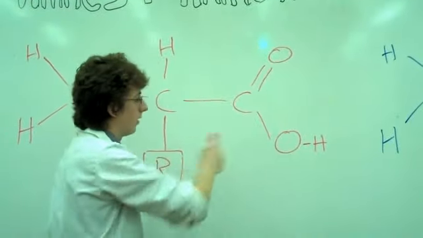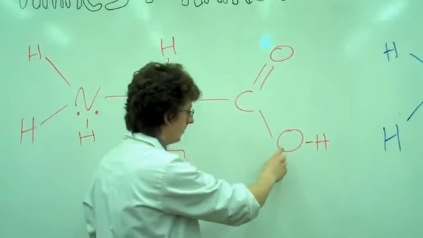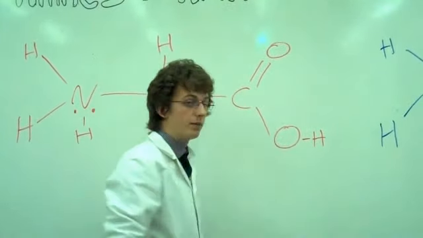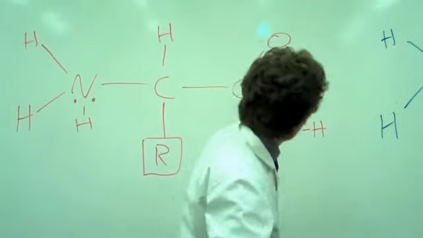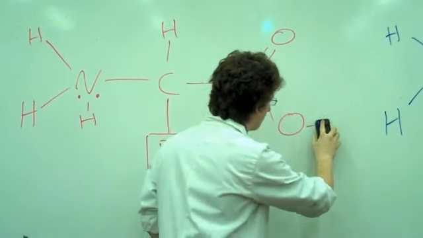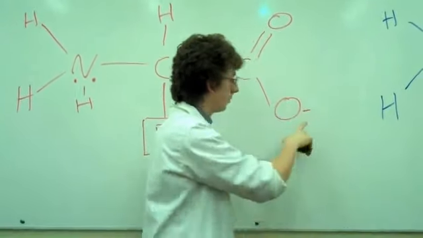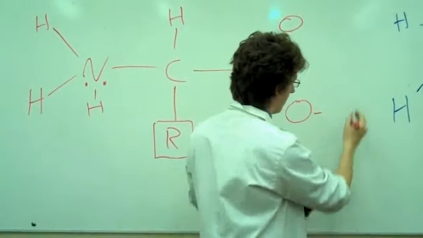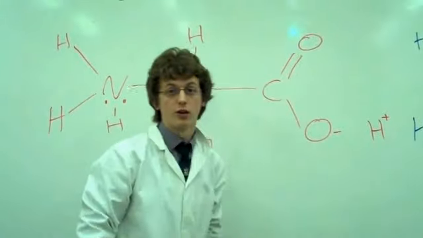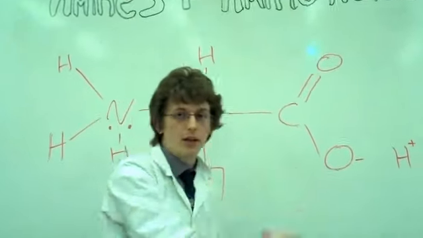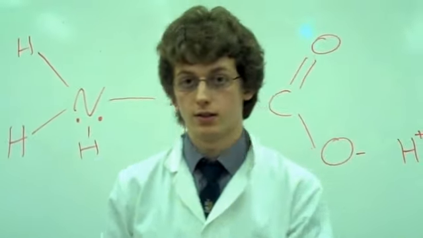Then, our carboxylic group. This O here, in basic conditions, would want to lose that hydrogen. So, the electron from the hydrogen goes over to our oxygen, making it minus, and that hydrogen is now just positive, which actually means it's just a proton. So that is a proton donor, which makes it an acid.